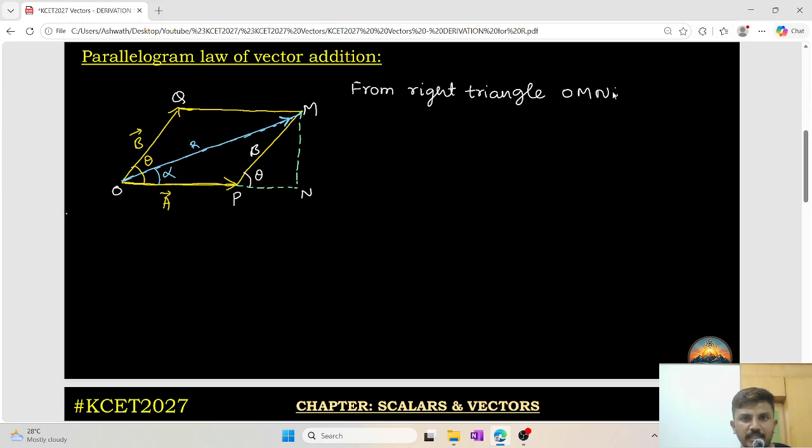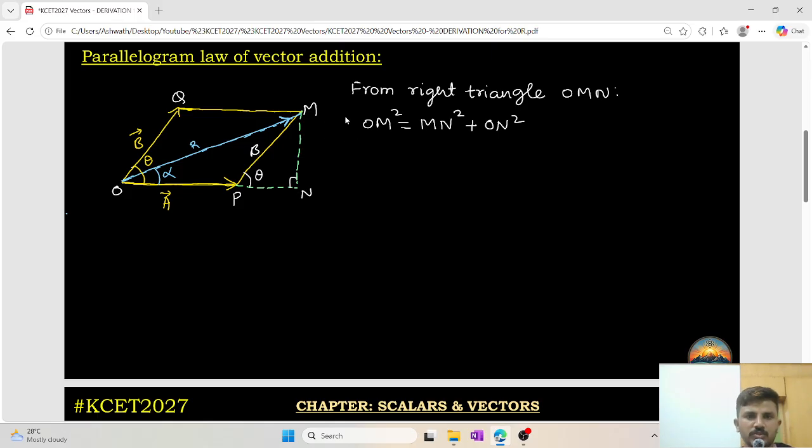From the right angle triangle OMN, we can apply the Pythagoras theorem here. So OM square is equal to MN square plus ON square. Look at this, right angle triangle OMN forms a right angle triangle. Here the angle will be 90 degrees.